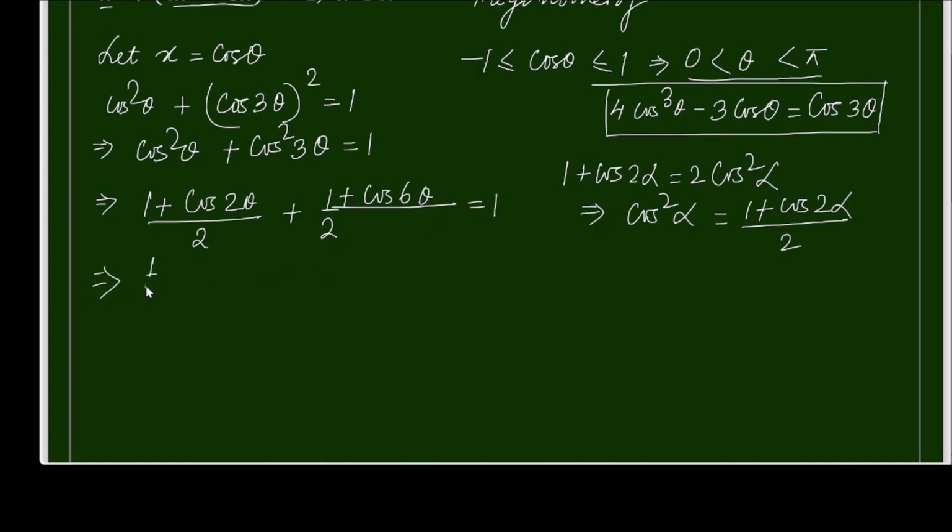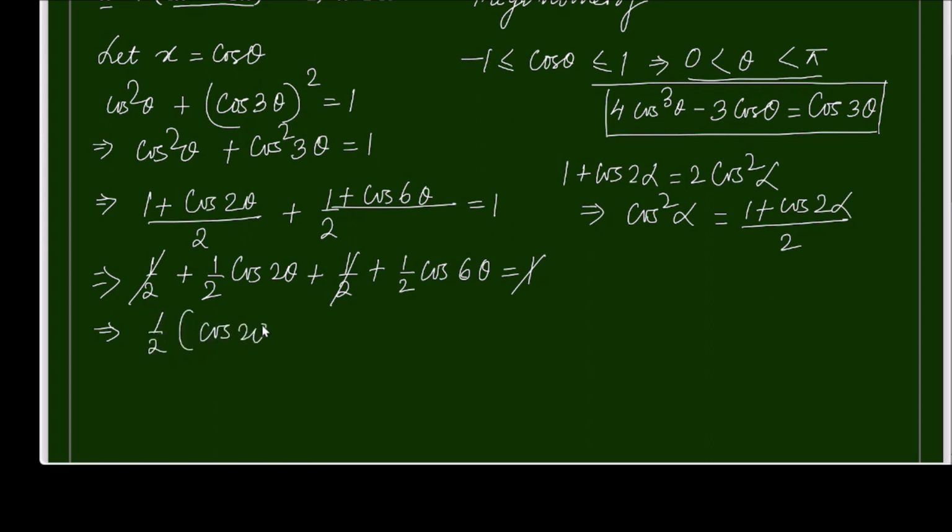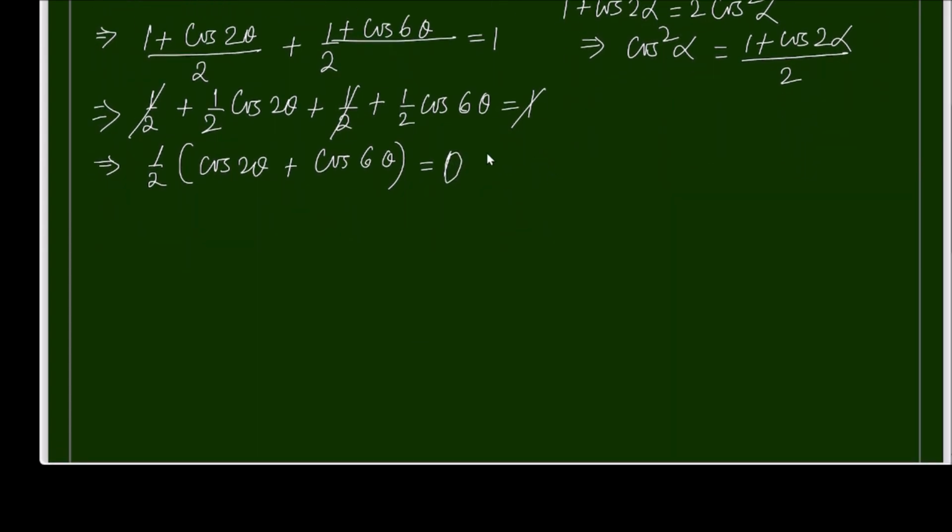Or this will be half plus half cos 2 theta plus half cos 6 theta equal to 1. Or this equal to 1 plus half, 1 cancels with 1, half of cos 2 theta plus cos 6 theta is equal to 1 minus 1 which is 0. So this gives us cos 2 theta plus cos 6 theta is equal to 0.